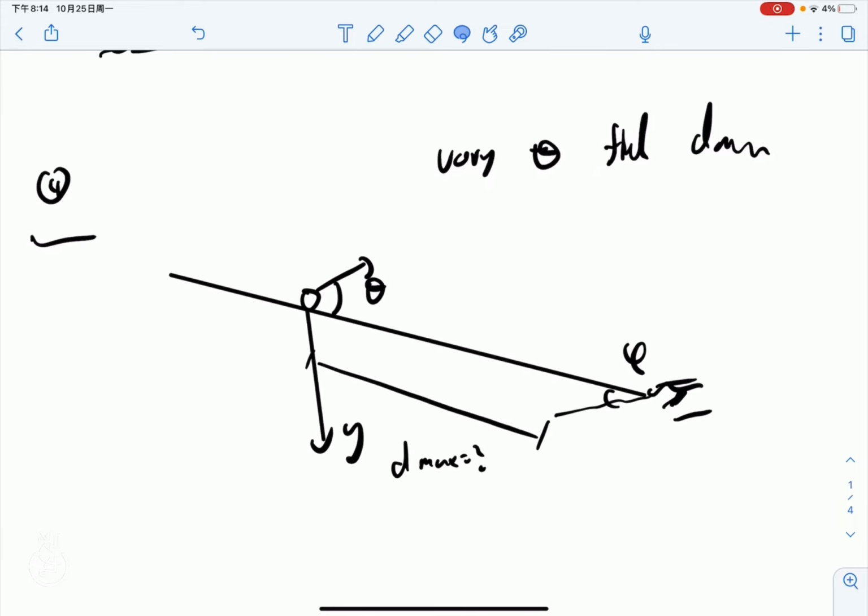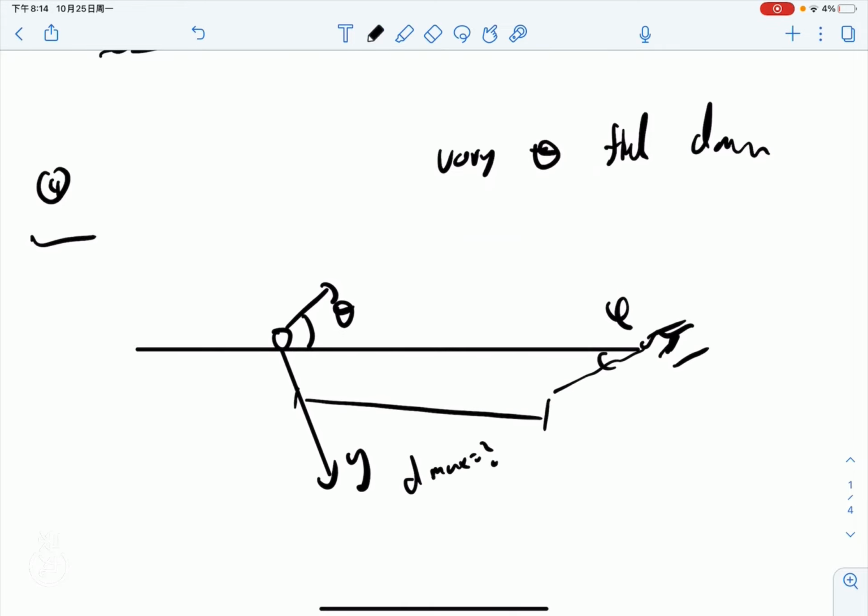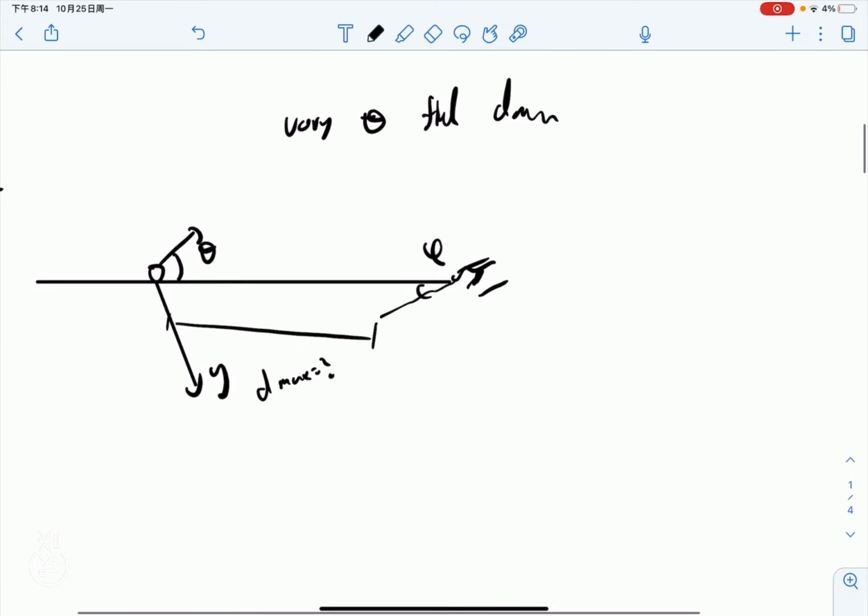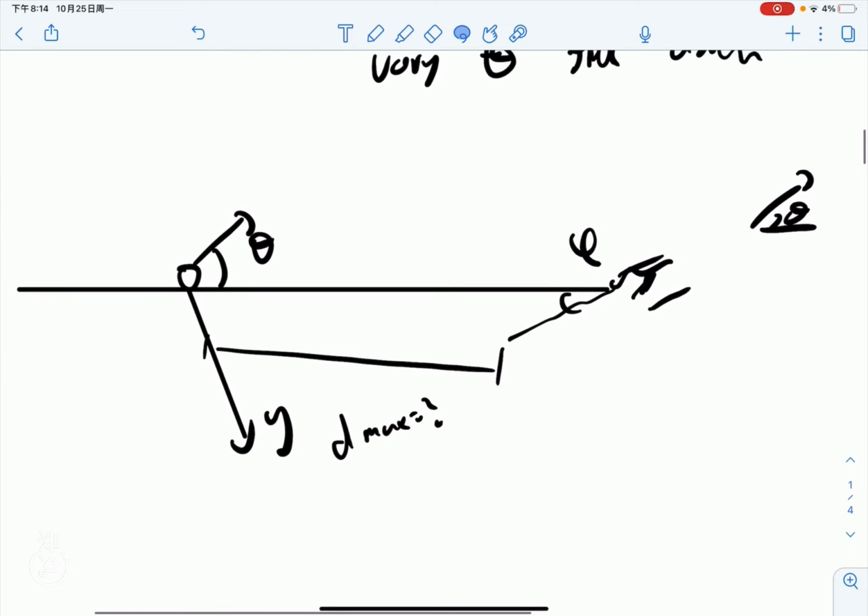It just converted to the problem of like you throw a rock at this angle and gravity is pointing this-ward. So now using geometry, this one is 90 degrees, and these two angles are 90 degrees. So basically, this angle is phi.